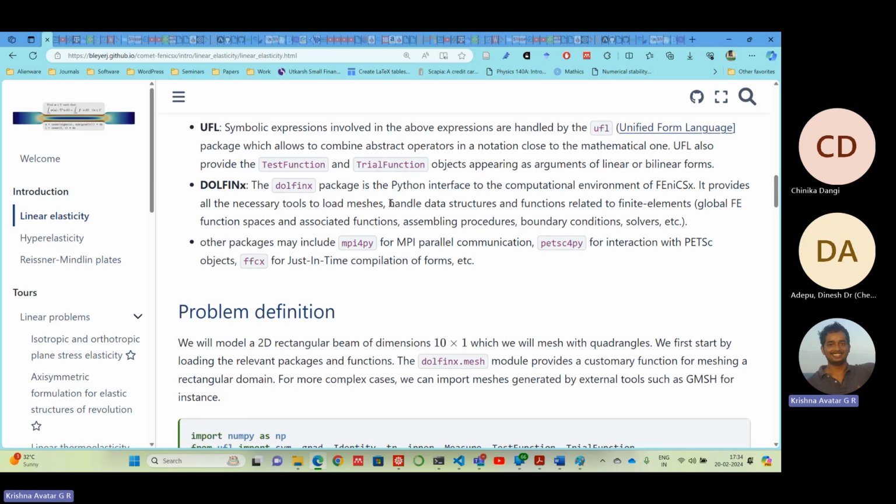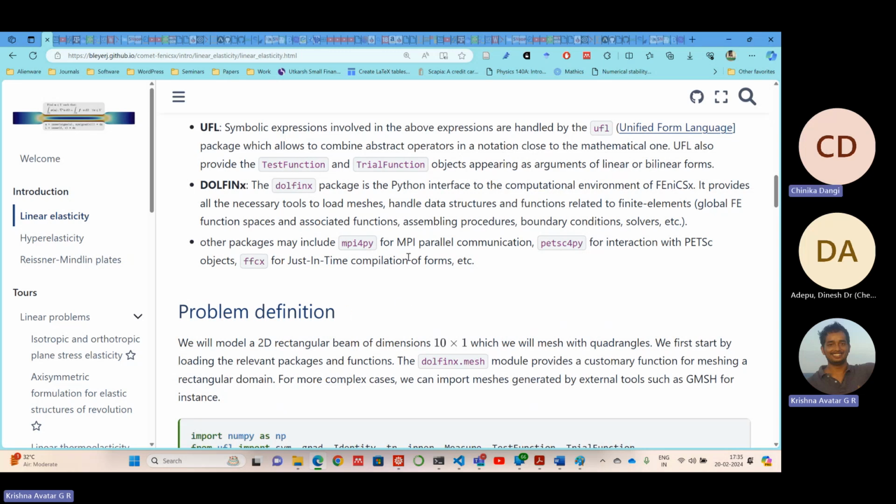We also use it to handle data structures and functions related to finite elements, such as global FE function spaces, the associated functions, and the assembling processes, as well as to define boundary conditions and set the solvers. Some other packages are mpi4py, which is the Python implementation of the MPI package.